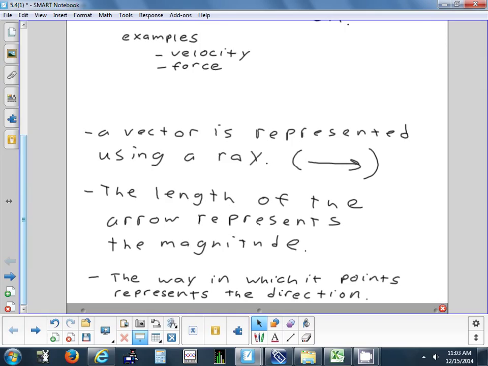But eventually we have to come up with a better way to represent vectors other than diagrams, because diagrams are time consuming. They take a long time to draw and they need to be drawn accurately. So we'll start off with a more visual approach, and then we'll figure out other ways to represent vectors.